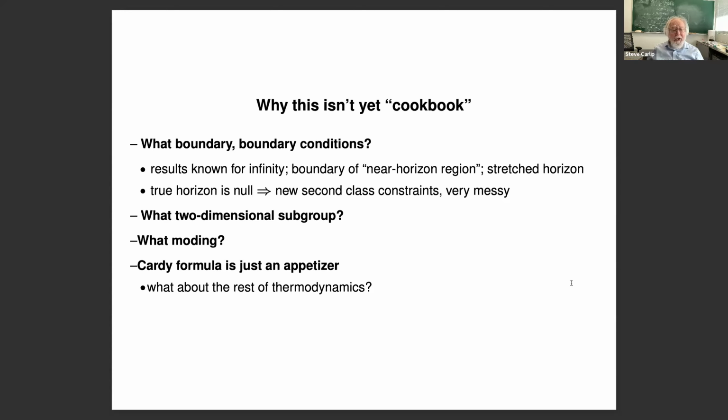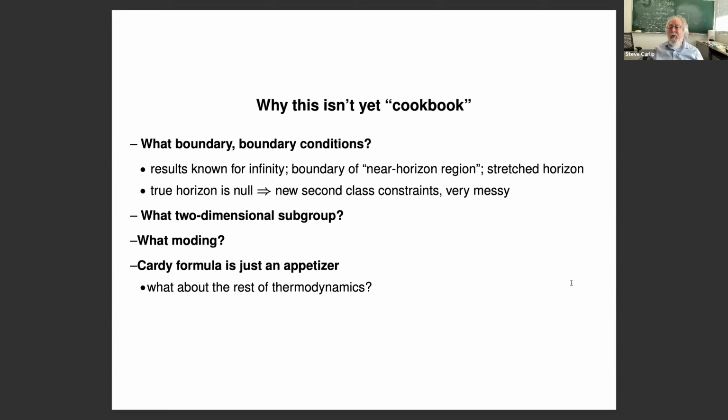So boundary conditions are hard. Finding an appropriate two-dimensional subgroup is hard. There are a bunch of candidates, as I said earlier. It would be nice to have a much stronger physical argument that said of one of these candidates that this is really the right one.